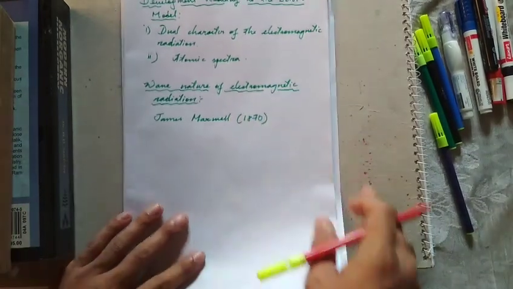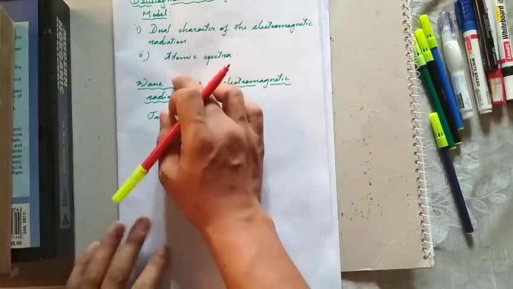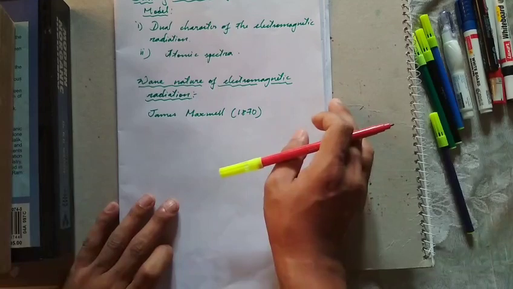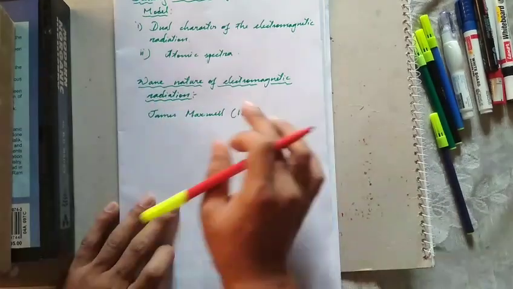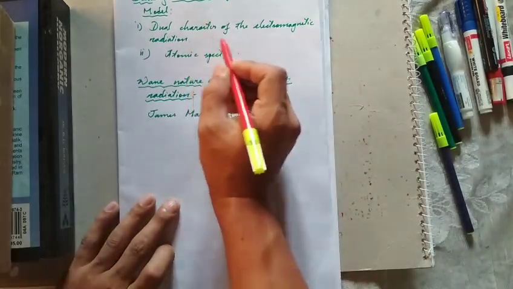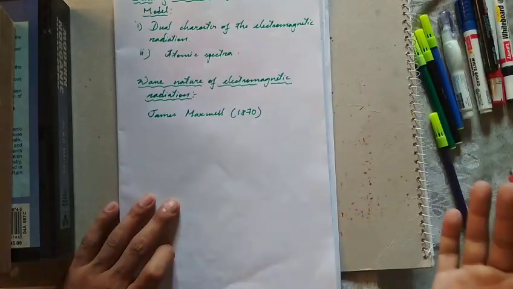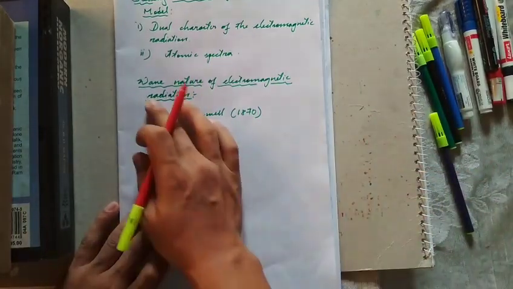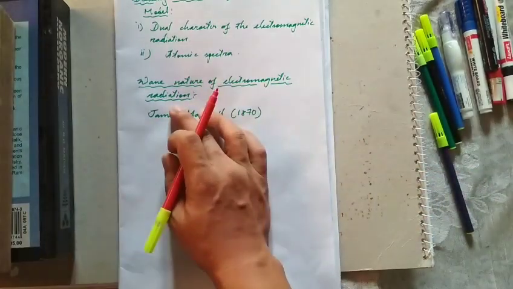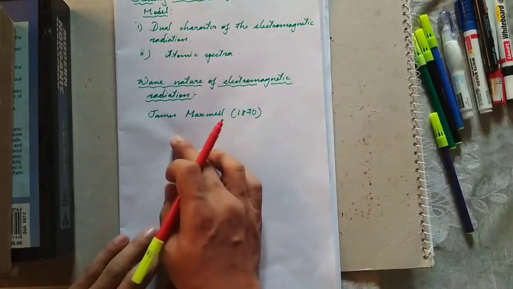So let's discuss the first topic, wave nature of electromagnetic radiations. First we are going to discuss the wave and then slowly the particle nature.